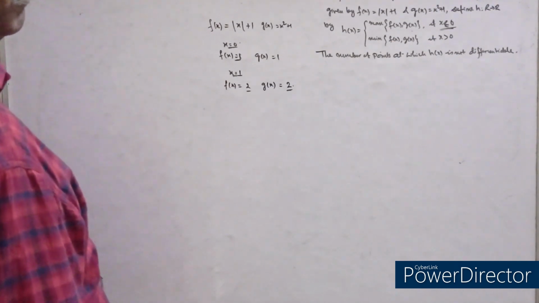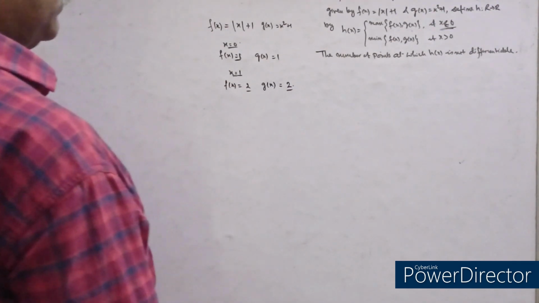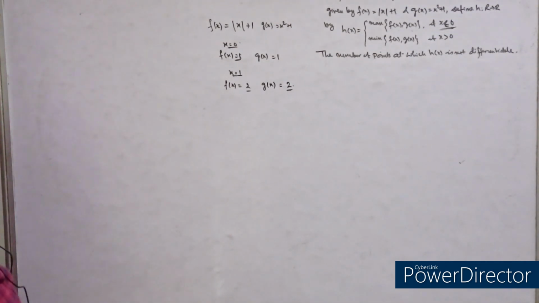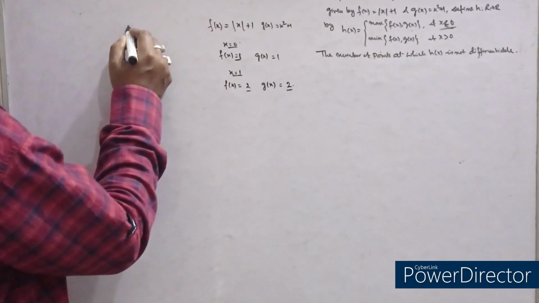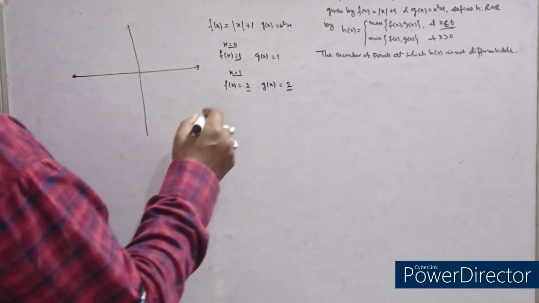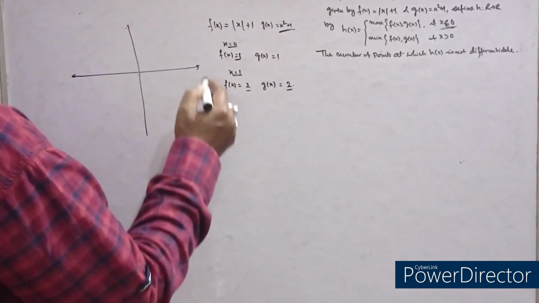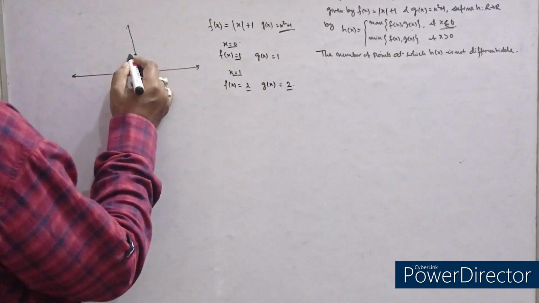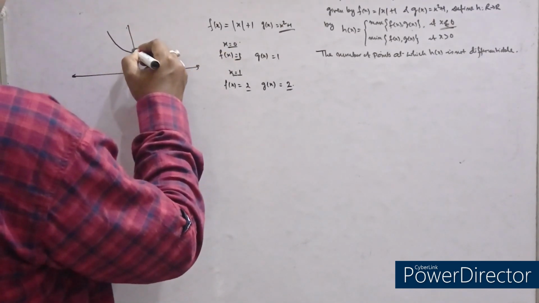So the number of points at which it is not differentiable, we have to find out. So here if we draw the graph of these two functions, this is a parabola. Somewhere this is 1.